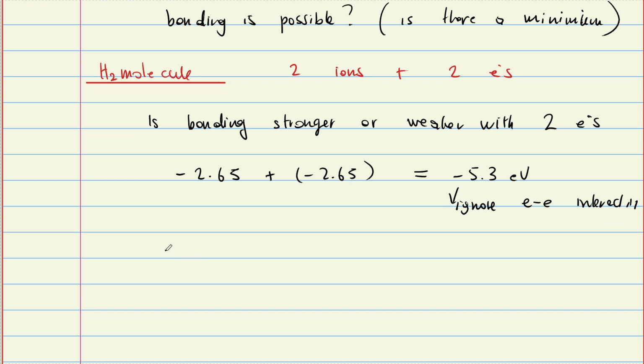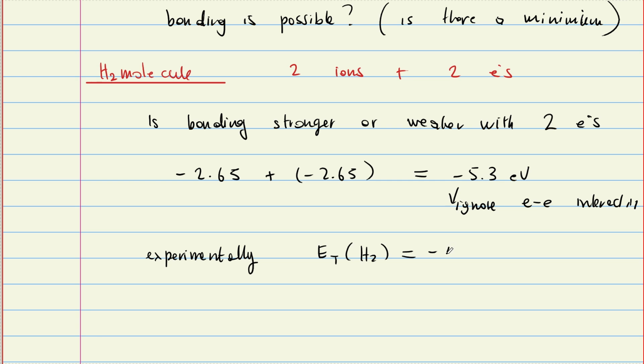So experimentally, E total for hydrogen is a little below this. I mean, not awfully different, but still a little below this.